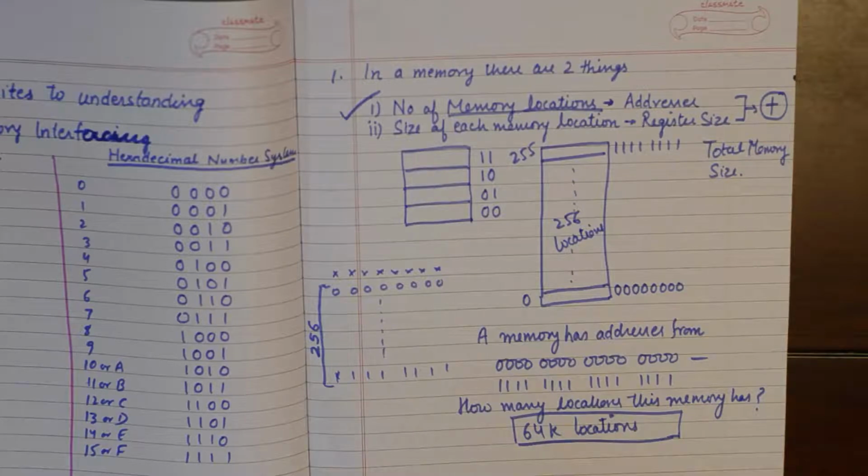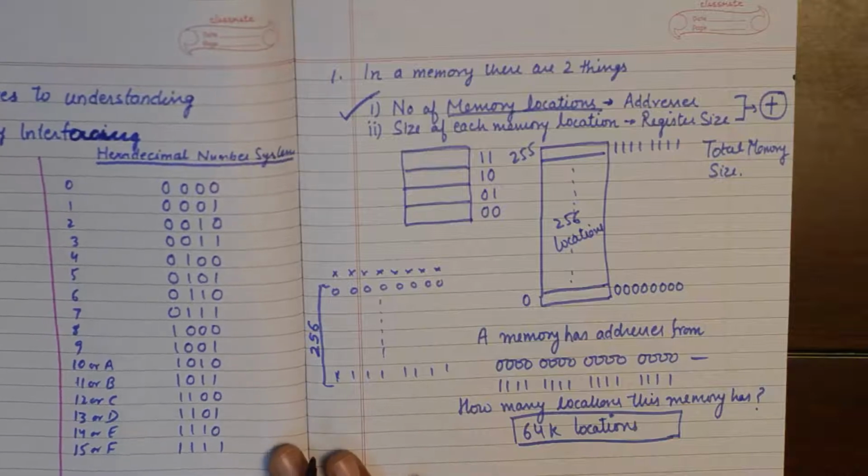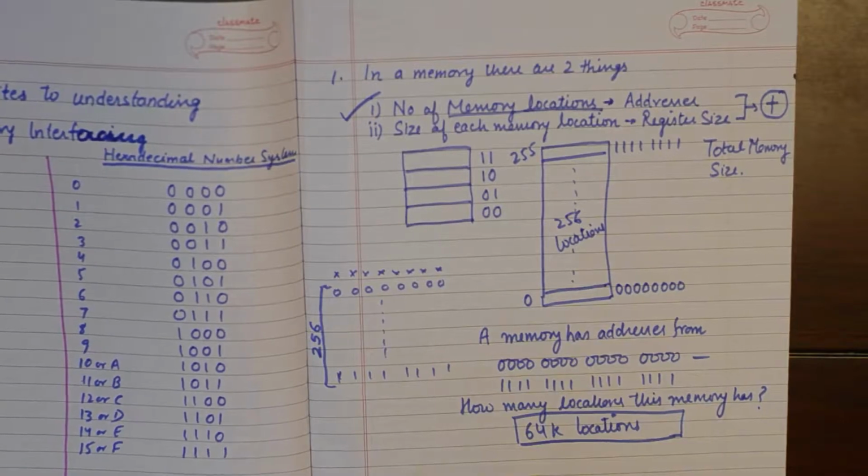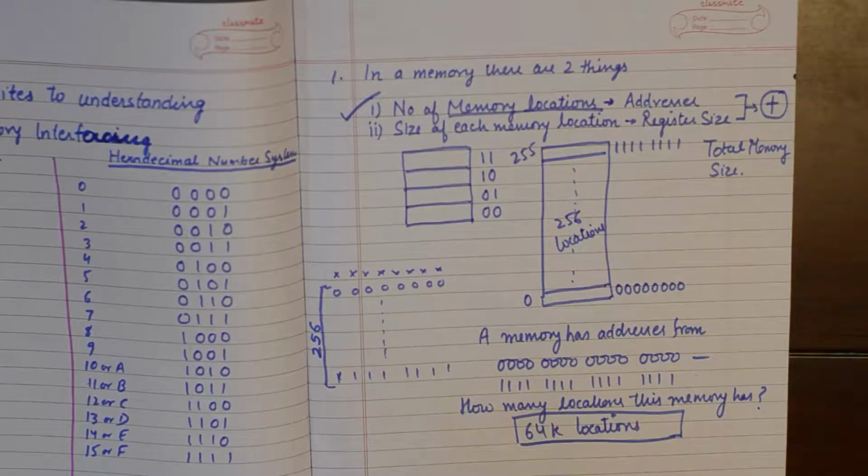As we go into studying more complicated microprocessors, they will have the capability of interfacing bigger memories in gigabytes. So they'll have locations in the range of giga, and essentially a very long memory address.